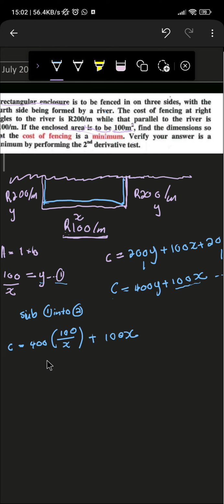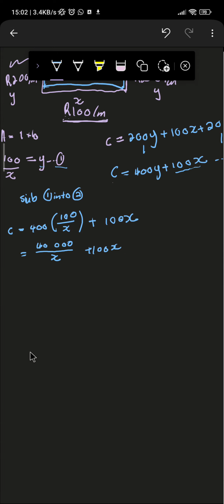When you multiply 400 by 100, it's going to give you 40,000. So you write your 40,000 over x, plus your 100x. And remember, when we say 2 over x, this is the same as 2 multiplied by 1 over x.